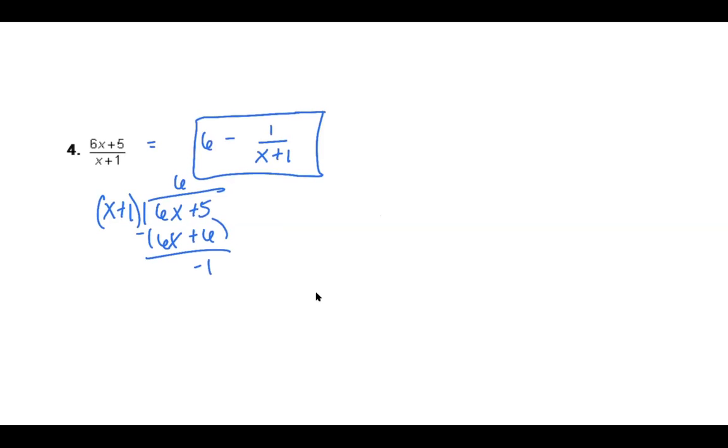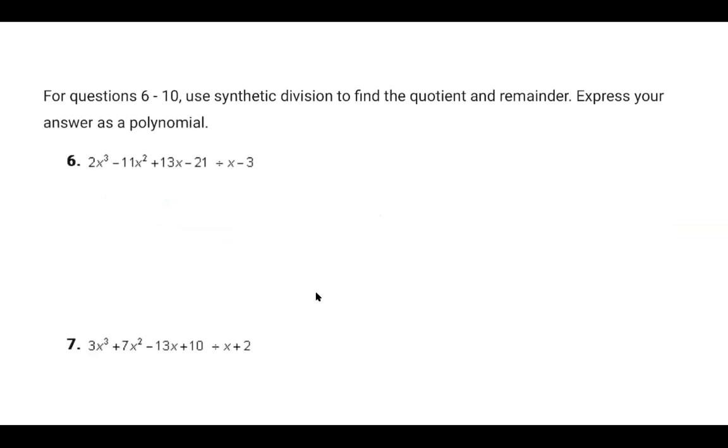All right, now for 6 through 10, this is using the synthetic divisor. Okay, so using the synthetic divisor. So I'll skip to number 7 here. All right, so first thing I check is it in standard form? The answer is yes, so we're good on that one. All right, and then I solve for my divisor. So if x plus 2 is equal to 0, that means x is equal to negative 2.